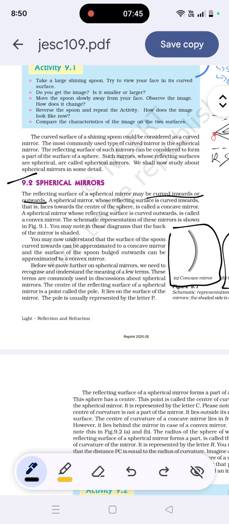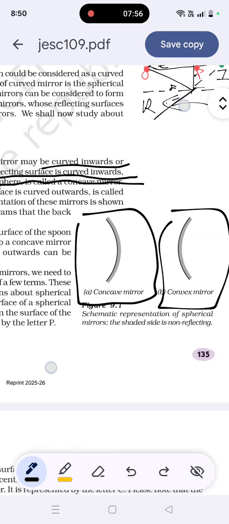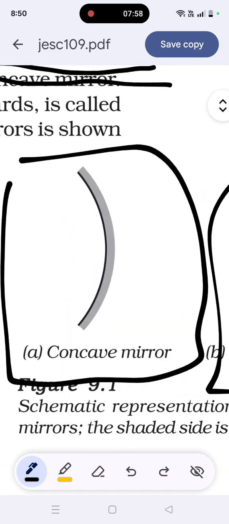A spherical mirror whose reflecting surface is curved inward, that is towards the center of curvature, is called the concave mirror. This is the reflecting surface, which is curved inward.